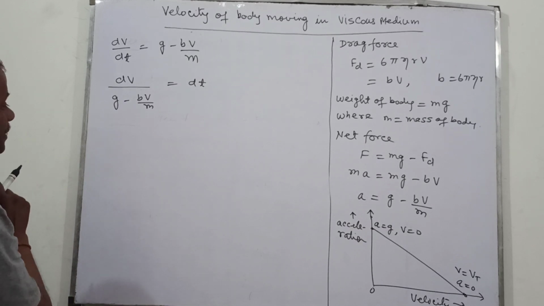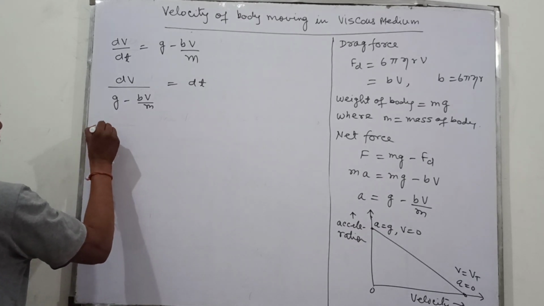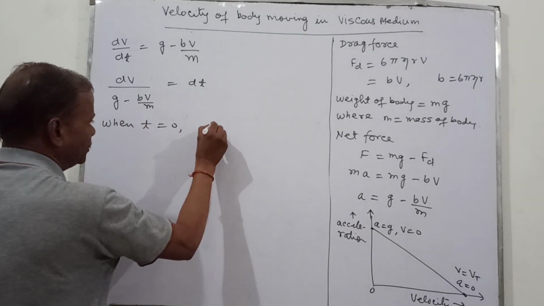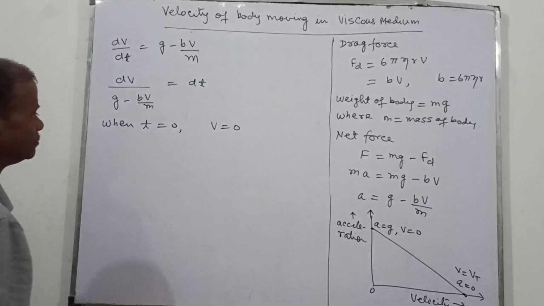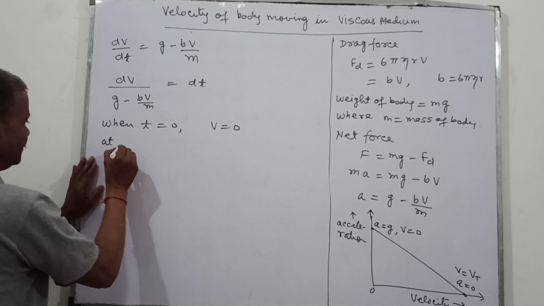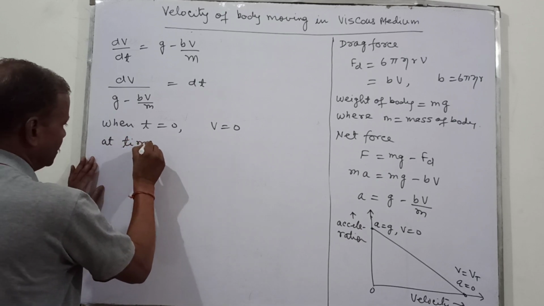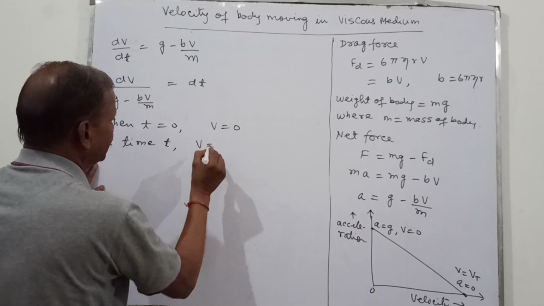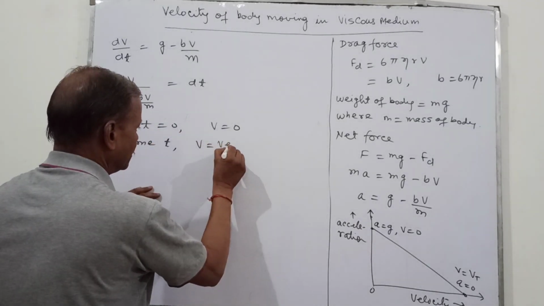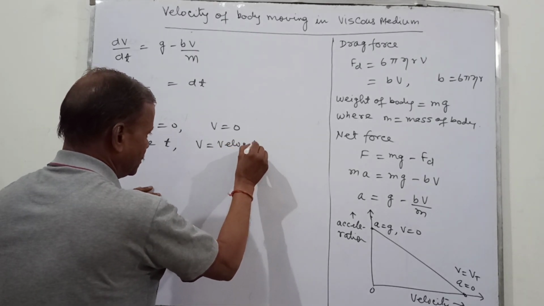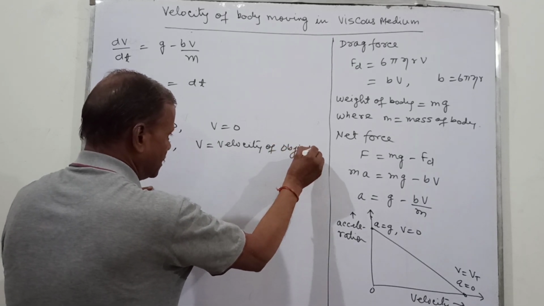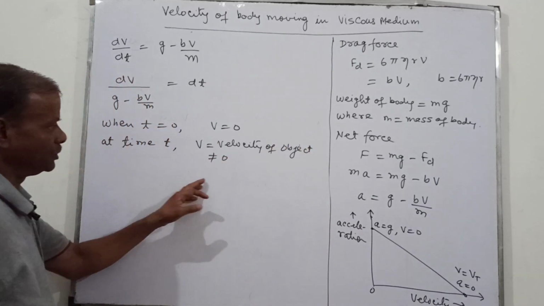So now you can see from here that when t equal to 0, this v is equal to 0, and at time t, v is the velocity of the object, and this v is not equal to 0, right?